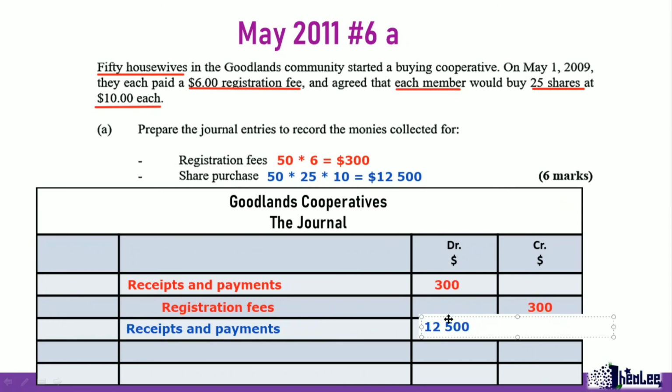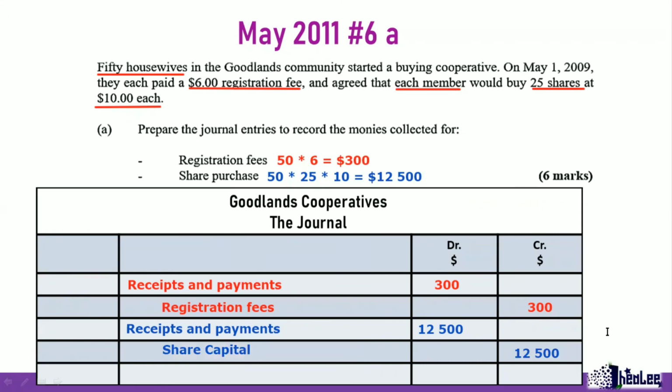And our share capital account, and remember, don't forget that you're to indent the credit item, share capital, is credited with the value of 12,500.